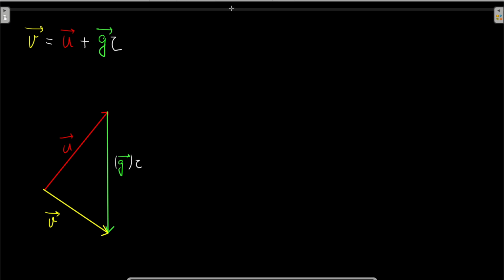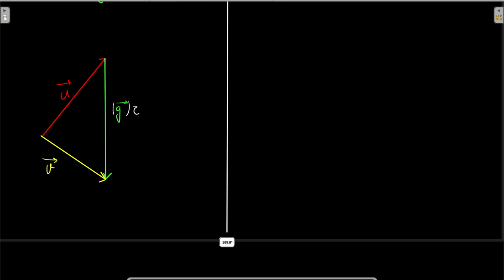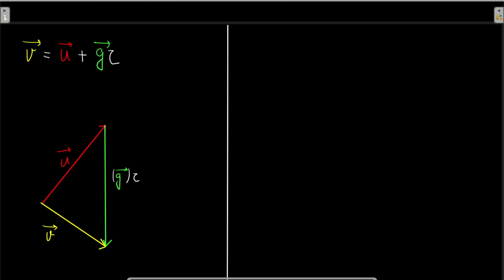Now we'll see the other equation. How do we plot it? How do we draw it? The other expression was: s vector equals u vector, the initial velocity vector, scaled by tau, plus g vector scaled by half of tau squared.